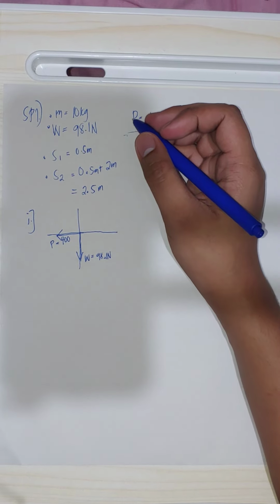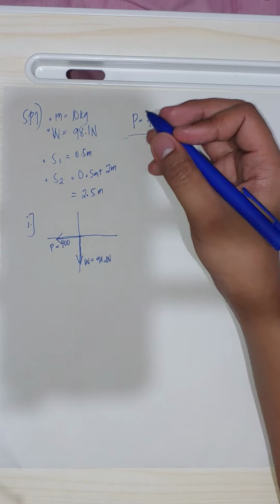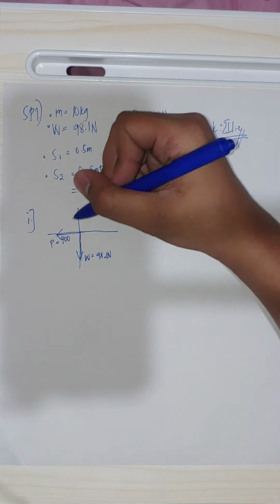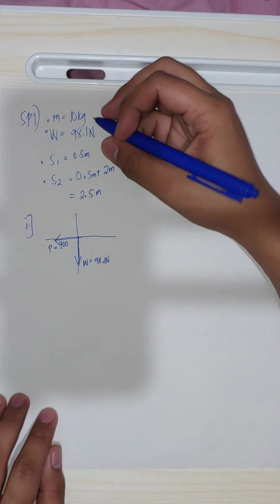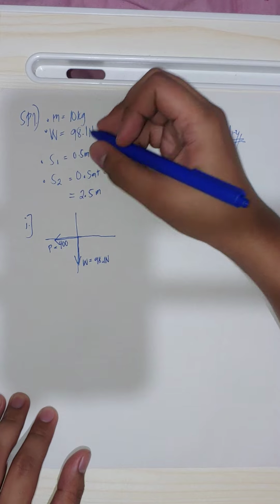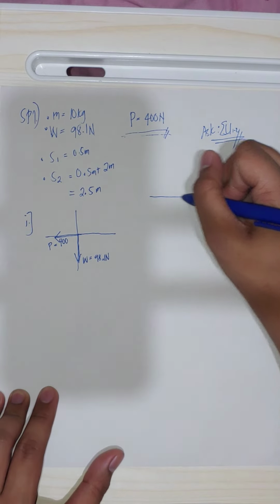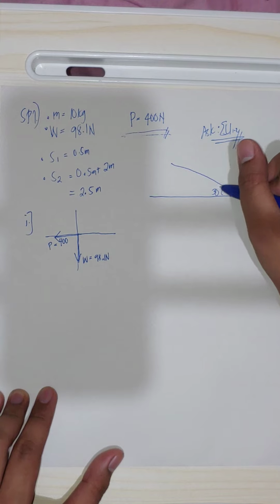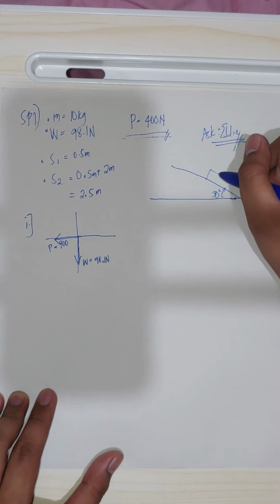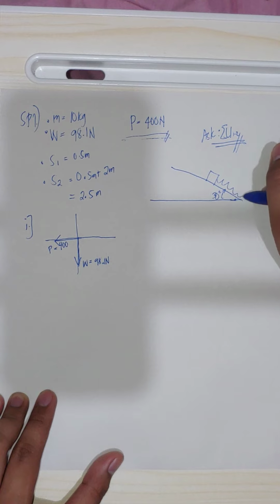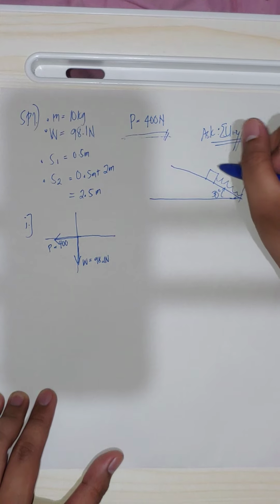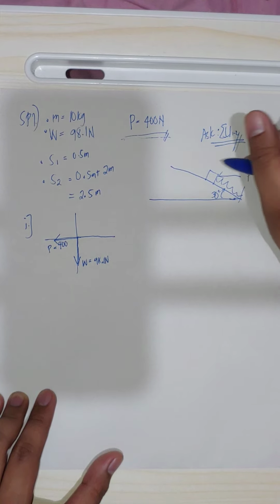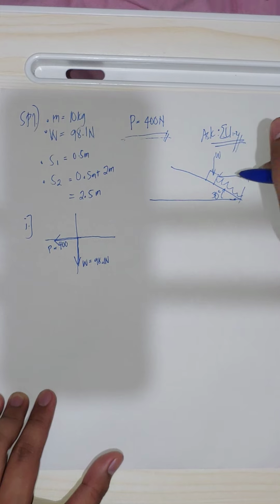And then what else? We have the spring force, if you remember. Since our motion, if you remember in the drawing, we have this inclined surface that is inclined 30 degrees, and then this is the block, and then we have the spring here. So we have the force P, and the weight of the object.